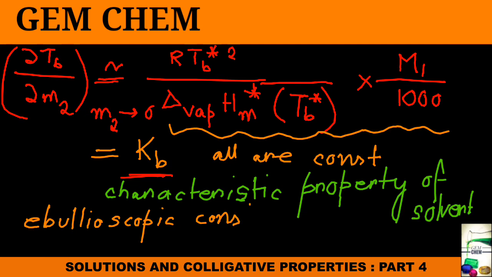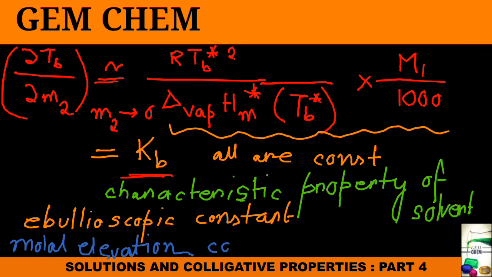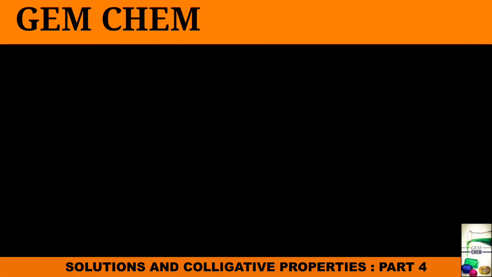It is also known by another name, that is molar elevation constant, and its unit is like this. If we take all the units of the right hand side, then its unit comes to be like this.